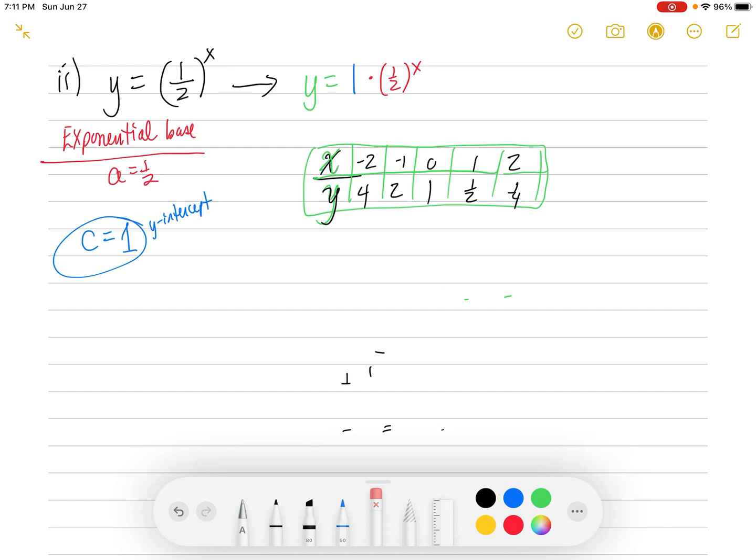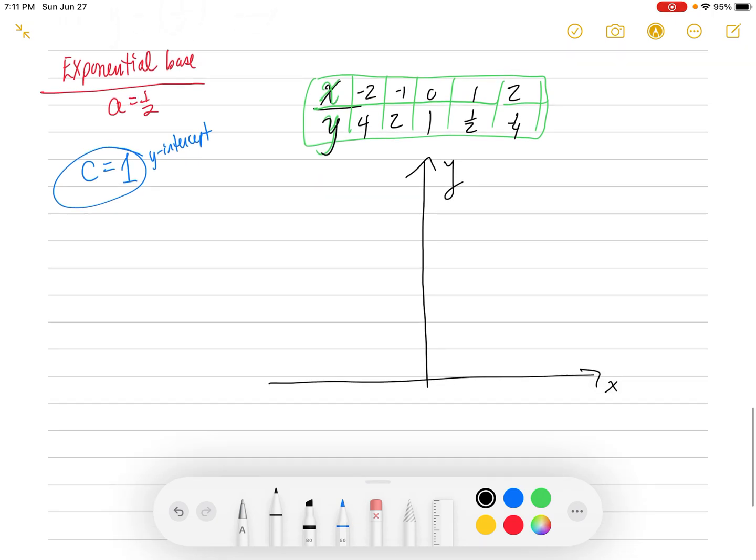Let me make some space, and now we're going to graph. Our x's are going to be between -2 and +2, and our y's will go from 0 to 4.